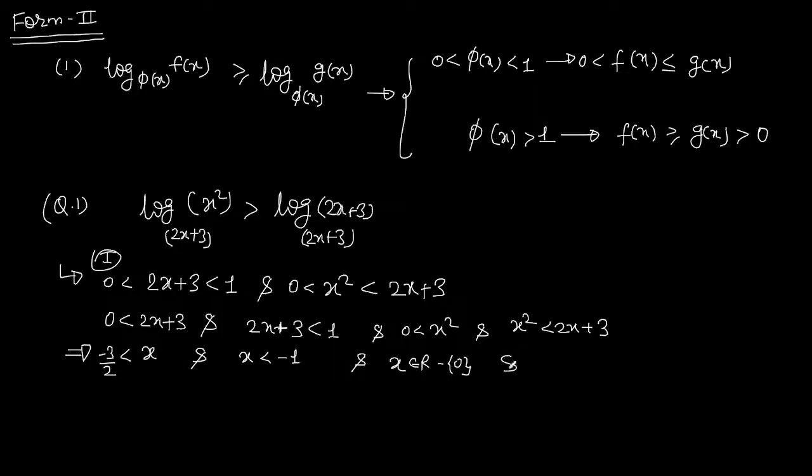Now we have x squared minus 2x minus 3 less than 0. Okay, so I think this is nothing but (x minus 3) into (x plus 1).